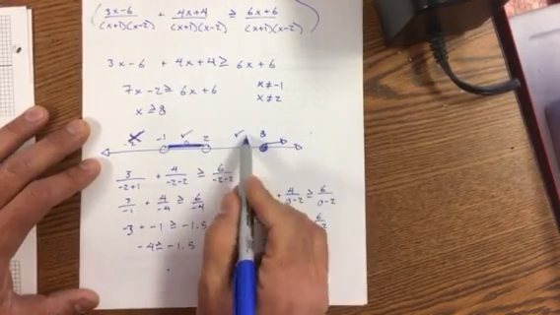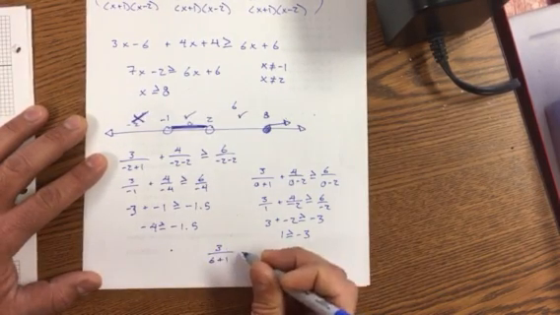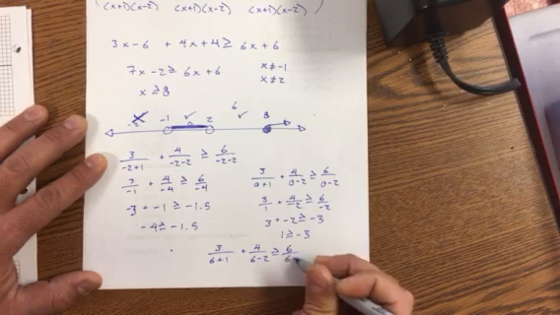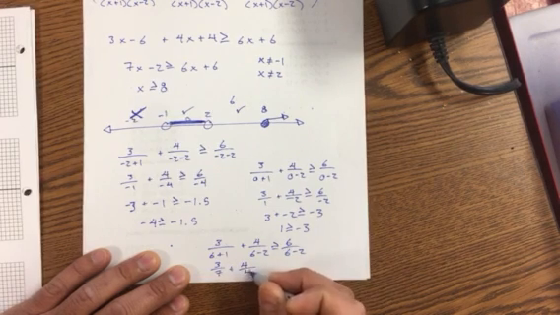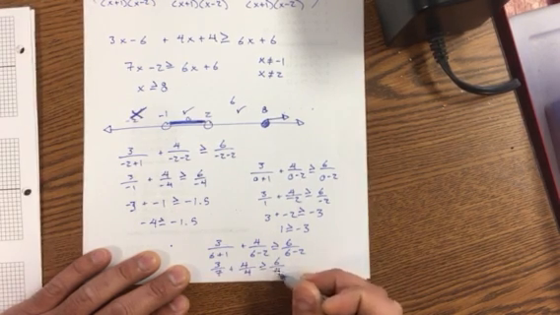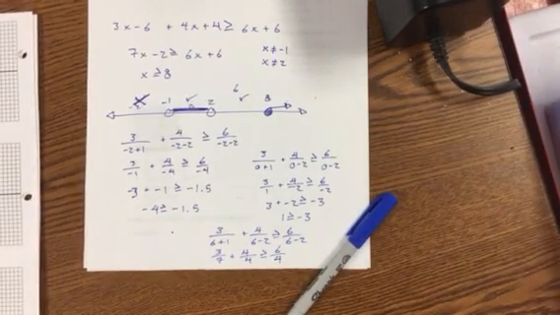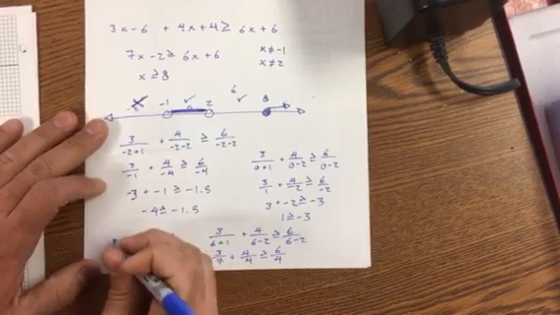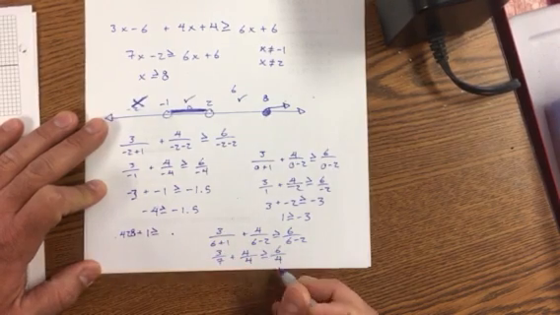Then I'm going to try something in between 2 and 8. I'm going to try 6. So 3 over 6 plus 1 plus 4 over 6 minus 2 greater than or equal to 6 over 6 minus 2. 3 over 7 plus 4 over 4 greater than or equal to 6 over 4. 3 over 7, I'm going to use my calculator. 0.428 plus 1 greater than or equal to 1.5.